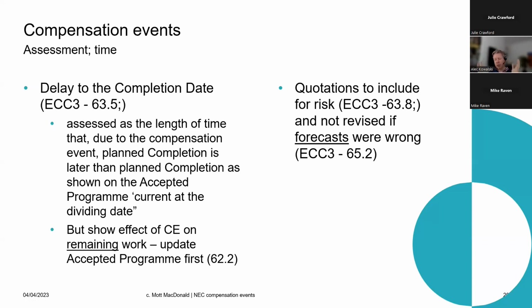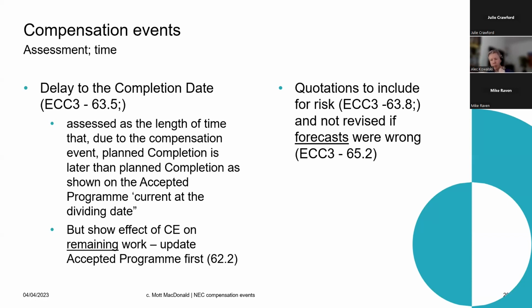And this can put us in a tricky situation because we notify the compensation event, and then we do the assessment. So the dividing date is already in the past. So when we do the assessment of that compensation event, we have to put ourselves in the shoes of that person at the dividing date. So what did we know then? Not what do we know now?